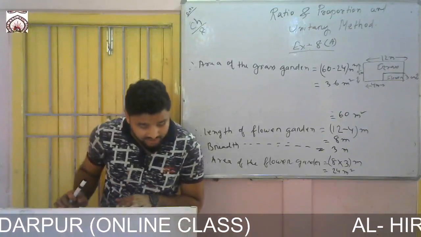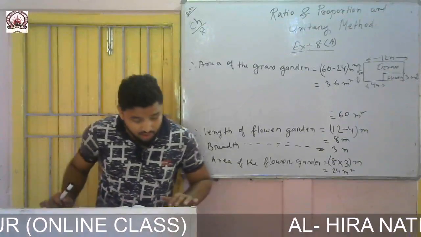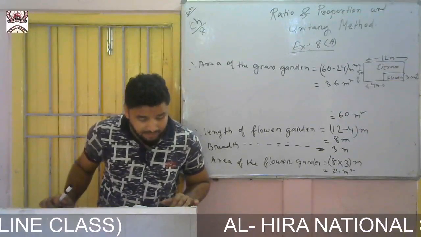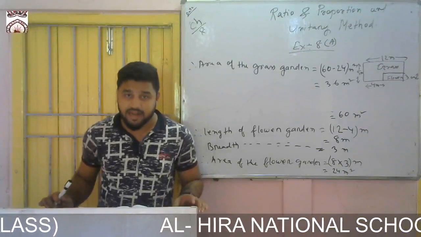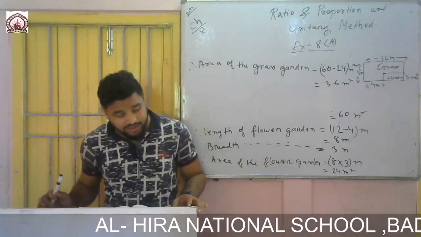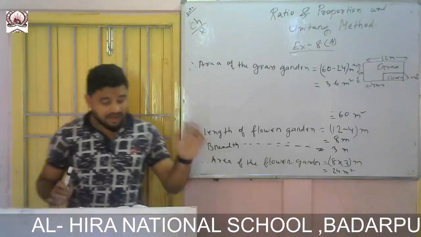Now the question asked is: find the ratio of the area of the garden reserved for planting flowers. That means area of the flower garden is to area of the grass garden.